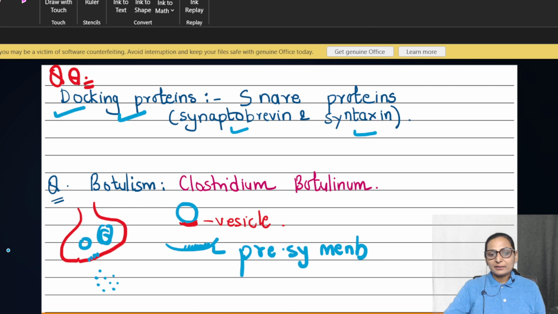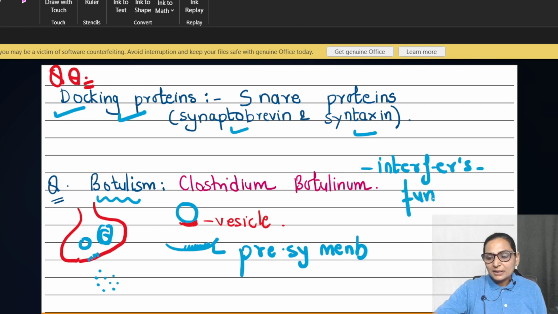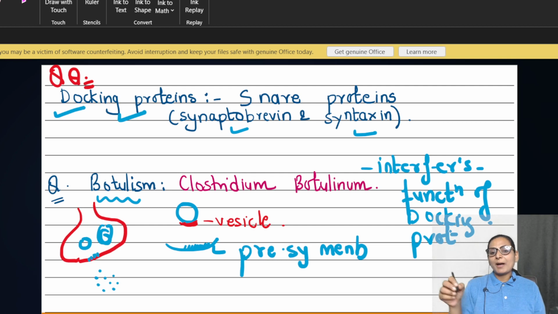The reason for that is a condition called botulism, which is caused by Clostridium botulinum. This Clostridium botulinum interferes with the function of the docking proteins. That means it does not allow the docking proteins to bind appropriately, which prevents the release of acetylcholine.